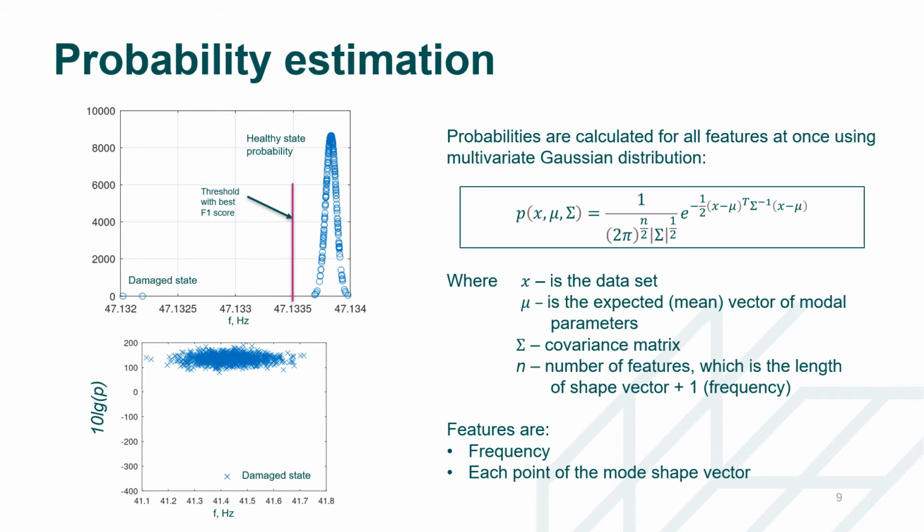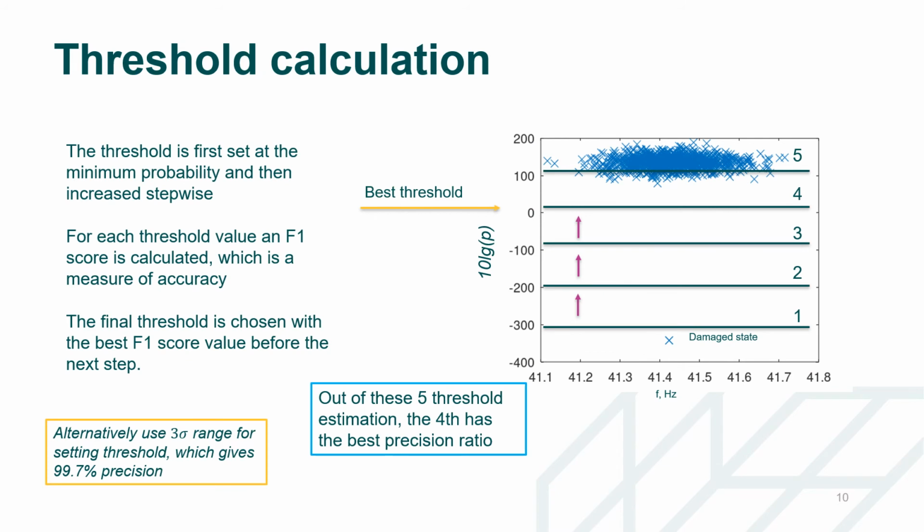Number of features n is 202, which is quite high. This results in very high probability values, which is why they are plotted logarithmically. The threshold is first set at the minimum probability and then increased stepwise.